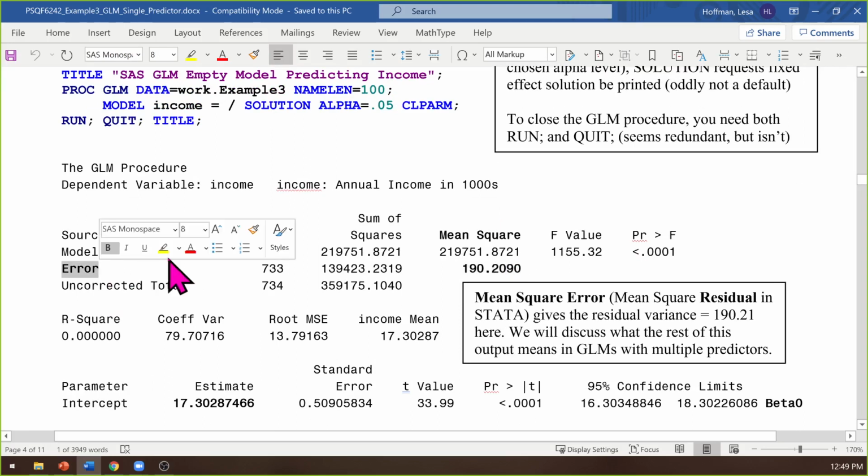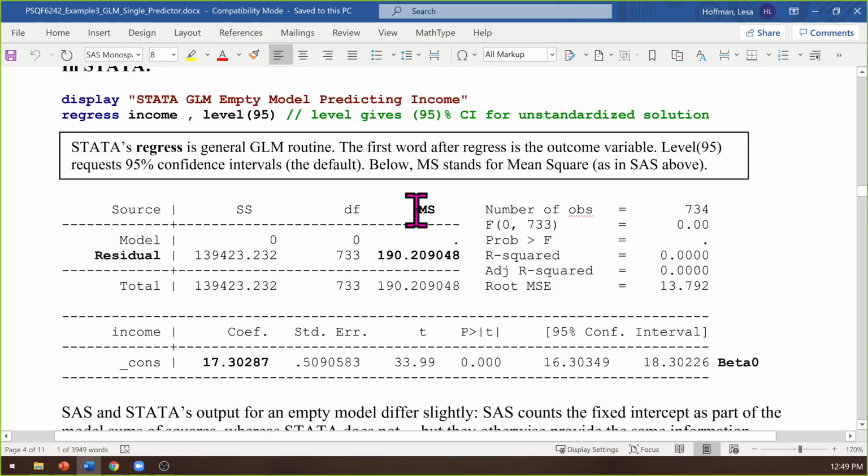It is called MS for mean square, and residual in Stata. That 190 represents all of the reasons why some people have a higher Y outcome variable than others. In this example, that happens to be income in $1,000 units. The best guess for each person is the mean of income, which is 17.3 in this example.